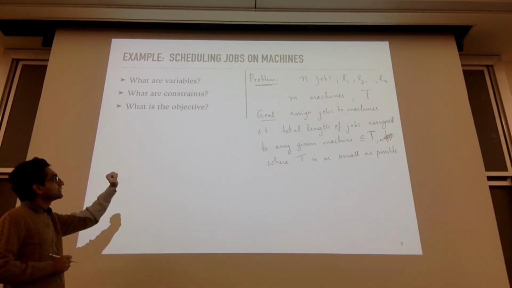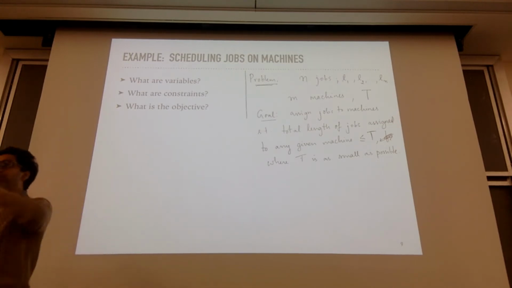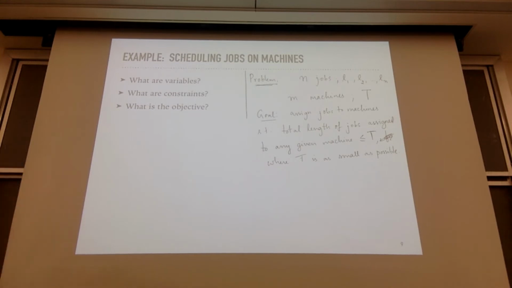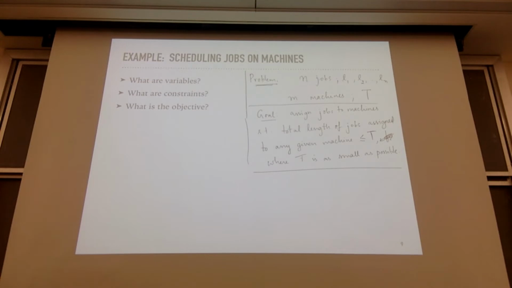All right, so this is a clean problem. Is the problem clear to everybody? You have a bunch of jobs, and think of this as trying to assign these jobs to machines so that the maximum load is as small as possible. Now, how would you try to phrase this as an optimization problem with variables, constraints, and an objective? What variables might you use?